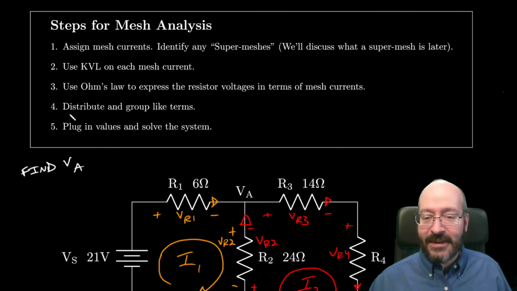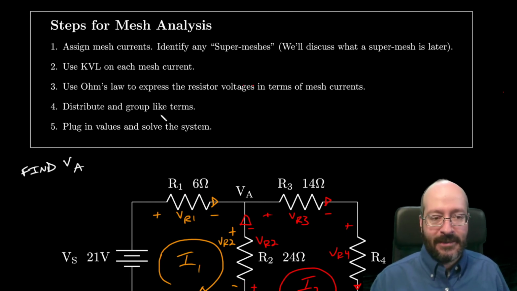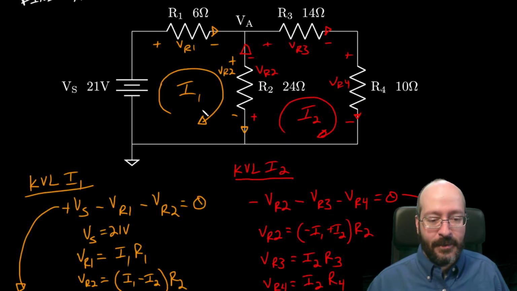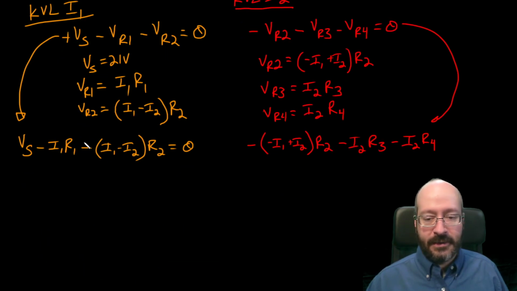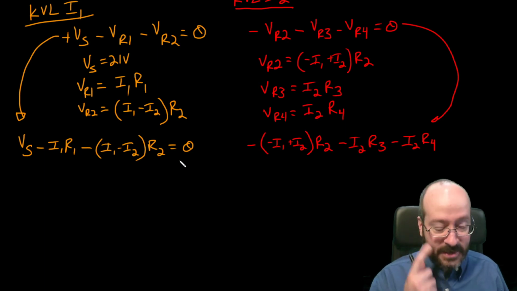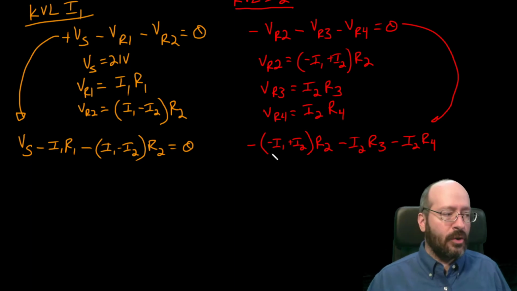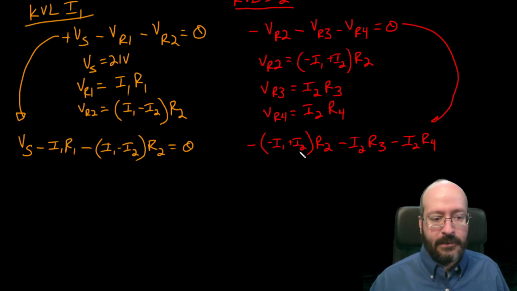Okay, so we've got to distribute and group like terms. All right, so we want to gather up all the constants that are in front of our unknowns as best we can. So I'm going to distribute, it's really just this one here. And if we have a negative sign, we've got to watch that as well. And then we're going to group them so that we have coefficients in front of our unknowns. And we'll get it into matrix form.